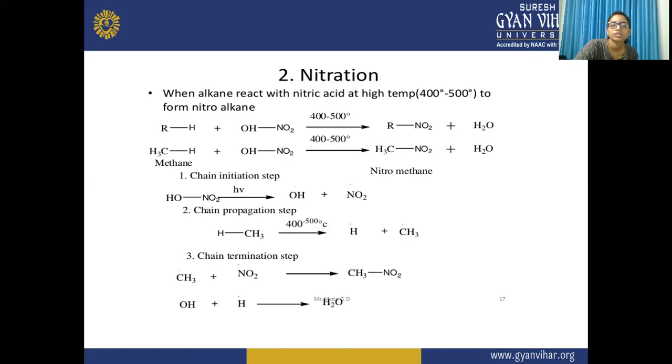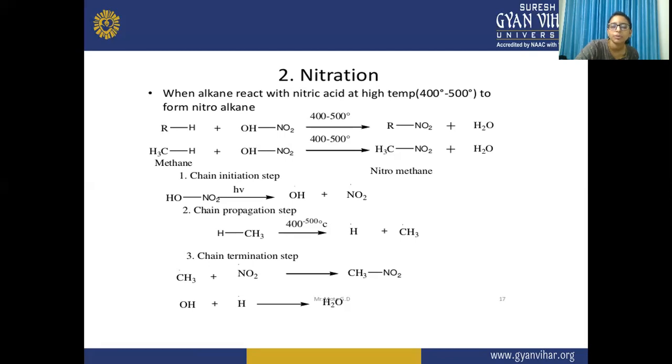So the first step is your chain initiation step. In the chain initiation step, when OH NO2 is heated, or in the presence of ultraviolet light, or in the presence of light, this will fission. There will be a homolytic fission, and OH and NO2 are formed.